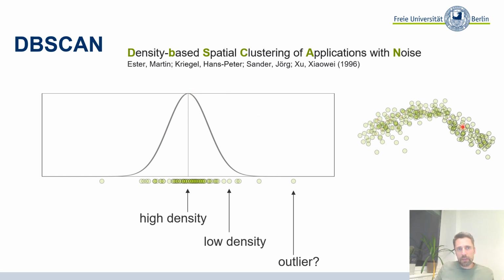So, for example, let's say we have this worm-like or sausage-like distribution, and you see that the core points here are really in much denser areas.